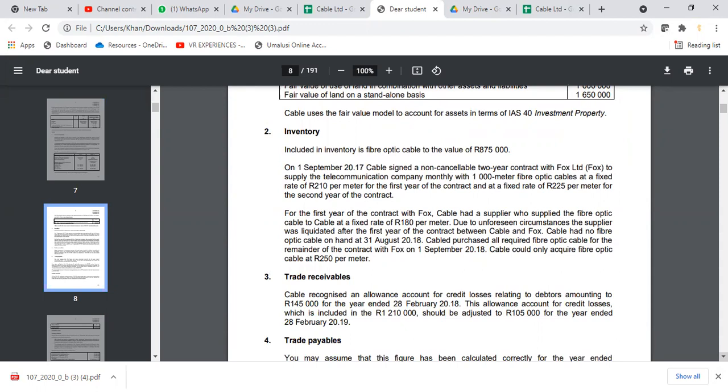On 1 September 2017, Cable signed a non-cancelable 2-year contract with Fox Ltd to supply the telecommunication company monthly with 1,000 fiber optic cables at a fixed cost of 210 per meter for the first year of the contract and a fixed rate of 225 per meter for the second year.